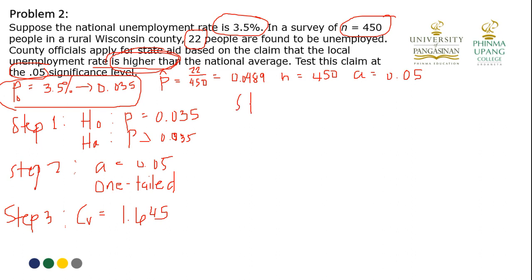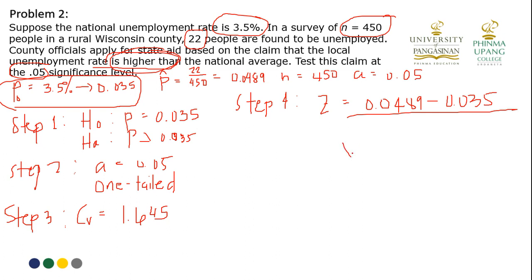1.645. So, dito tayo sa step 4. Step number 4, yung ating z value ng proportions. Hindi ko na isusulat yung formula ha. So, yung p hat natin dito is 0.0489 minus 0.035 all over square root of 0.035 tapos 1 minus 0.035 all over 450.